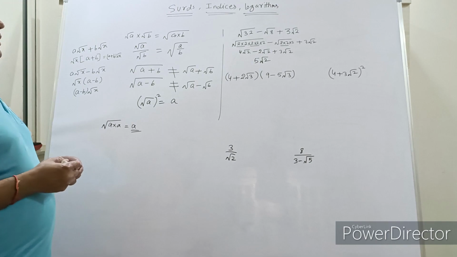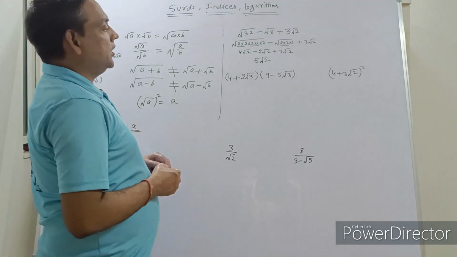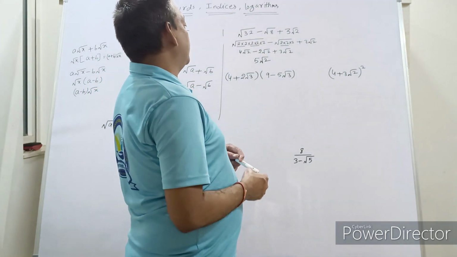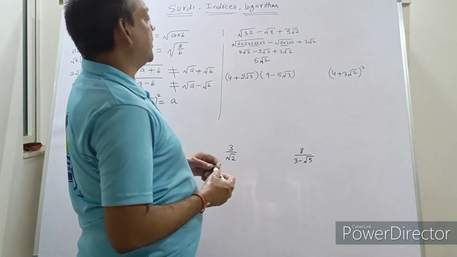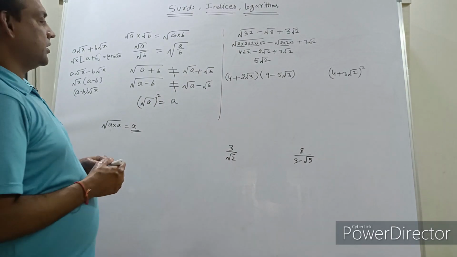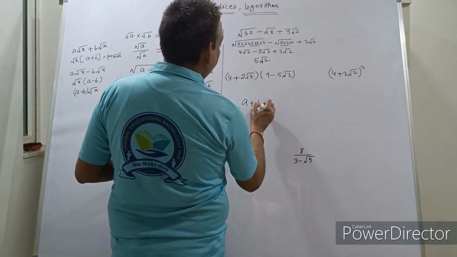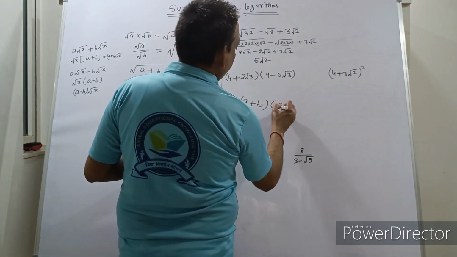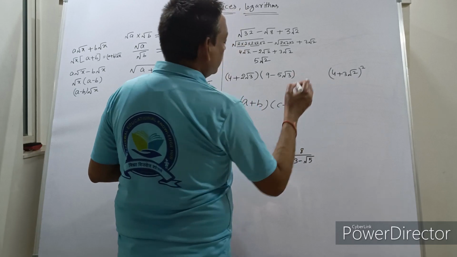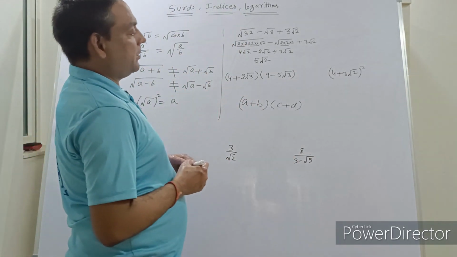Okay, next one is the multiplication. Now in a normal algebraic expression, we did the formula for a plus b into c plus d. How to multiply if we have a plus b into c plus d given? Binomial multiplied by binomial.